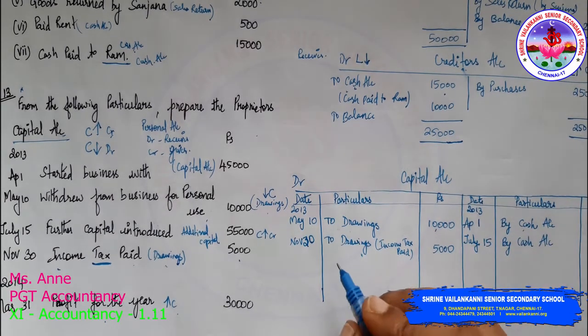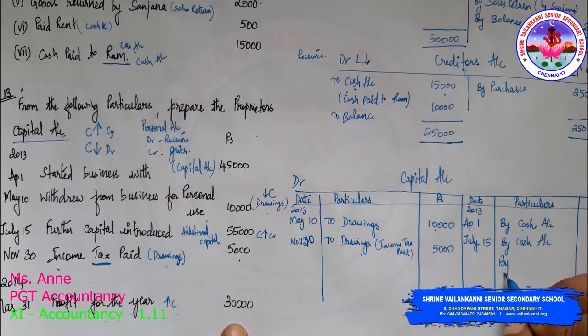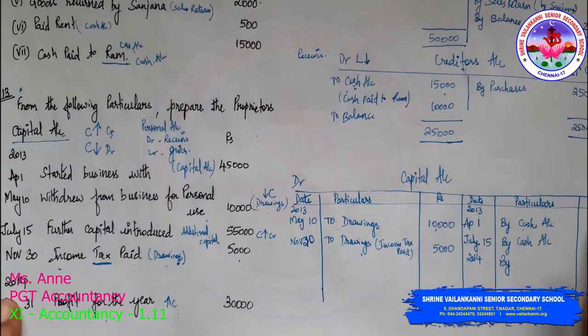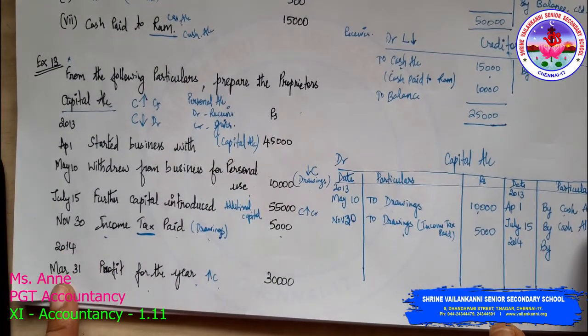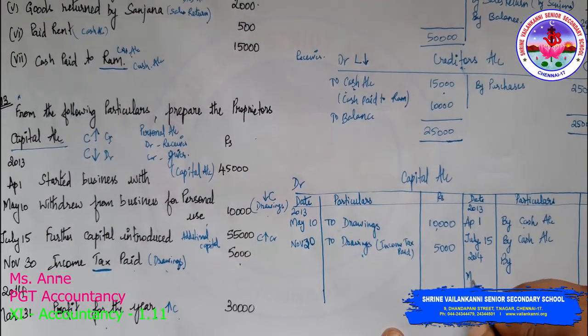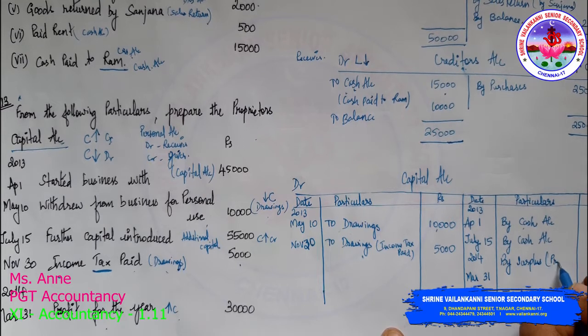So you will write it here, so it increases the capital. So I am taking it to the credit side. You need to write 2014, a new year has started here, 2014 March 31. So I am just writing it here, March 31, by surplus or profit. Okay, 30,000.